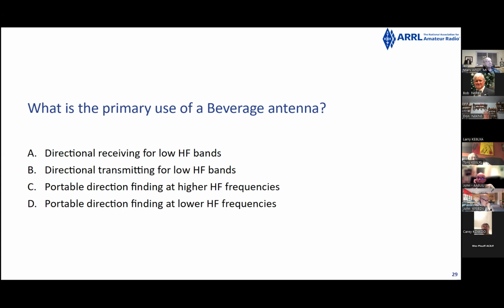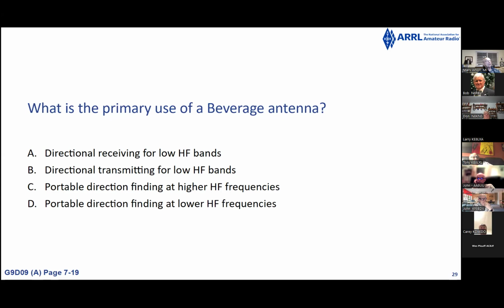A or B. Baker, B. It's a low band antenna.